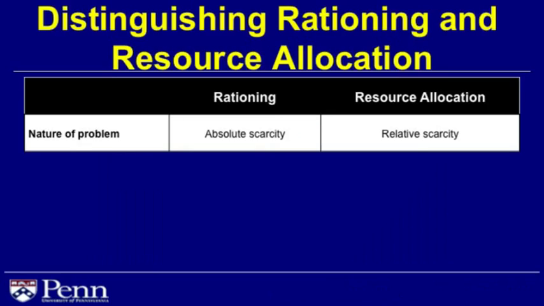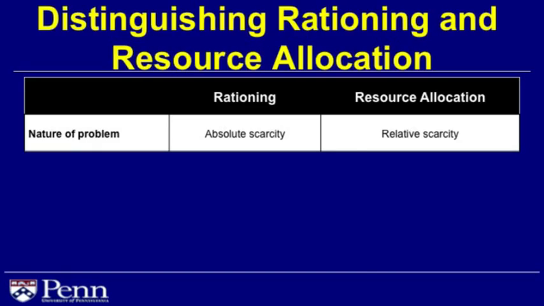So rationing deals with absolutely scarce resources, where you don't have enough of an item, not enough dialysis machines. And resource allocation we define as where there's not an absolute limit in the actual resources, so like dialysis machines, but a decision not to spend the money.